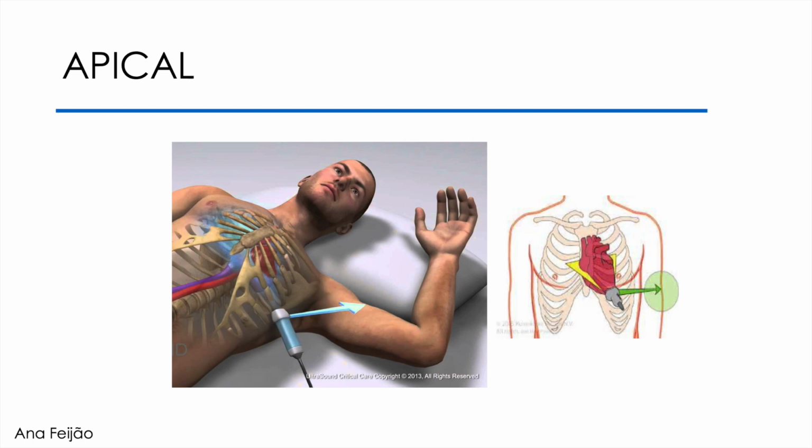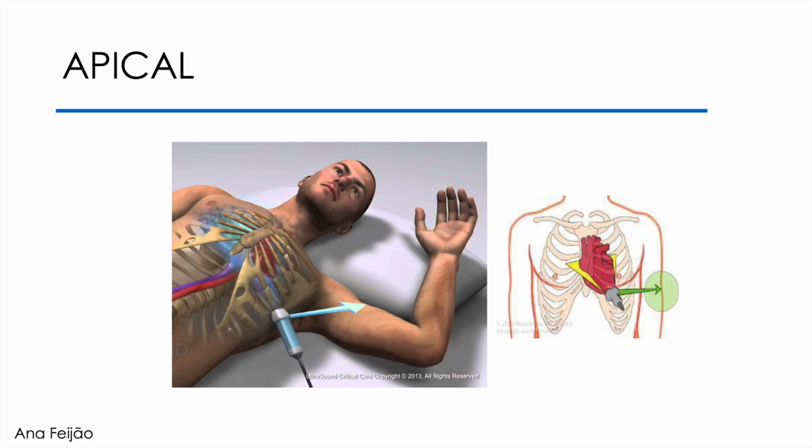Because the apex beat is not always noticeable, we can place the probe at the level of the fifth left intercostal space, more or less at the level of the anterior axillary line, where we place the V5 electrode on the EKG, and from here I make small movements to discover the heart.